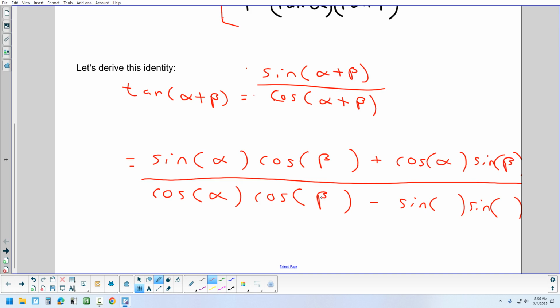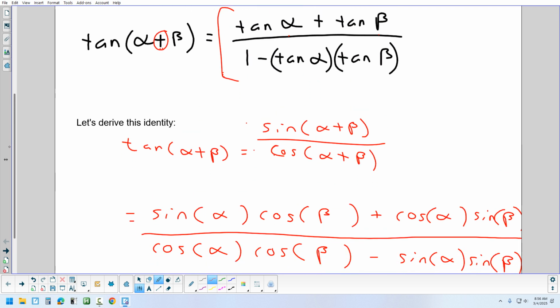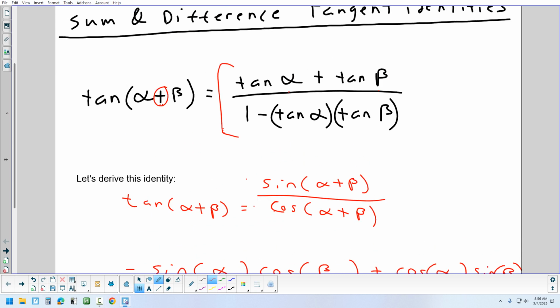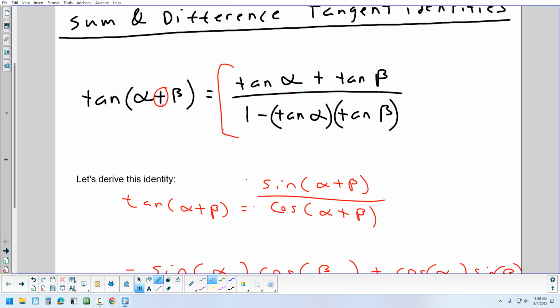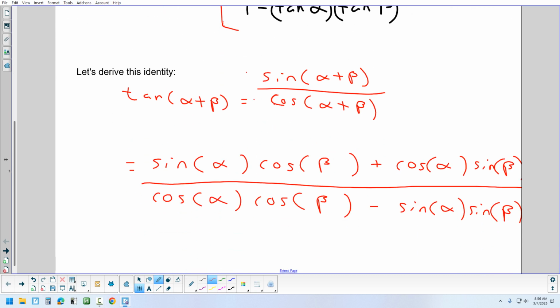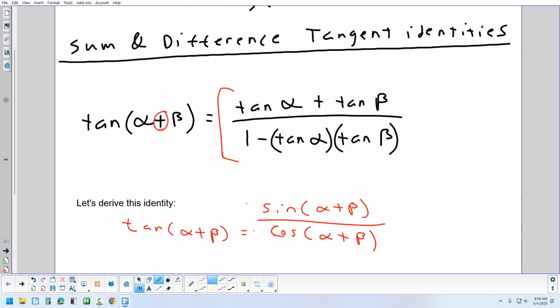Alpha, beta, alpha, beta. Okay, so since we know what the answer is supposed to be, we can look at it and compare it to what we have. We have two terms in the top, two terms in the bottom, and that's exactly what the answer is supposed to have.